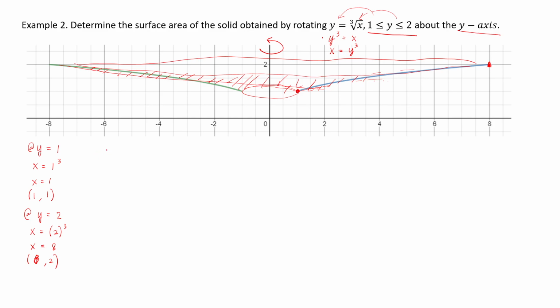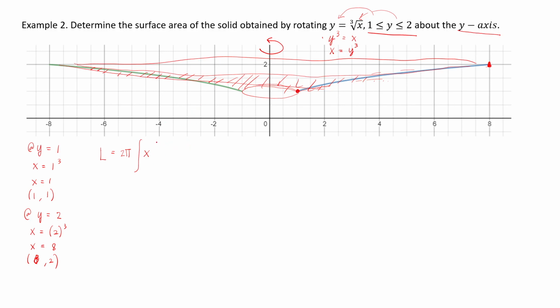Okay, so formula base now. So length is equal to, sorry. So 2 pi, and then x, since we're rotating in the y direction, that would be the radius. So the radius is always perpendicular with the axis of rotation.